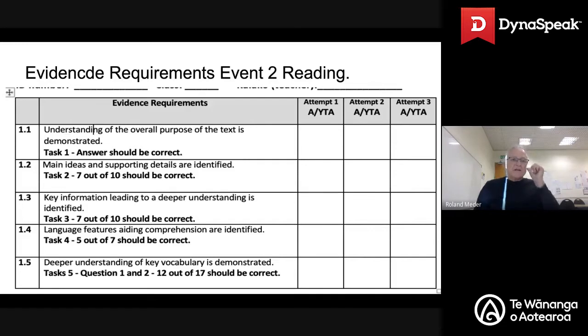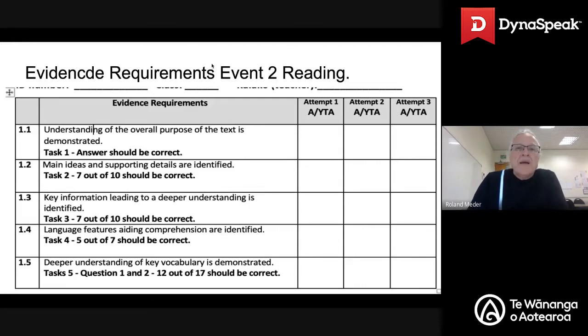Then the final task is based on vocabulary, and you are often given a list of words, and you are asked to be able to place them correctly in the sentences provided. So again, you do have access to a dictionary to help you with this exercise.